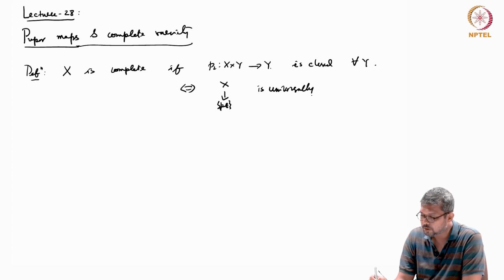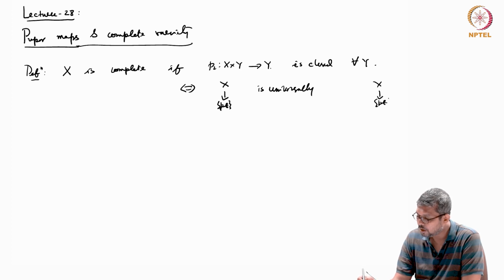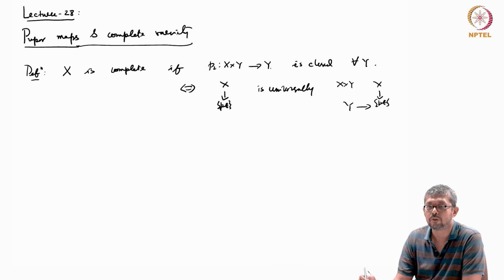What universally closed means is that when you do a base change to this morphism, then it becomes X cross Y over a point, the fiber product, and this is the projection map. So, this is universally closed.